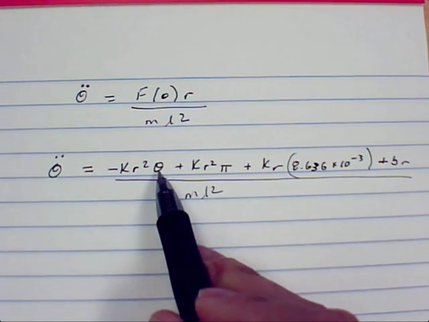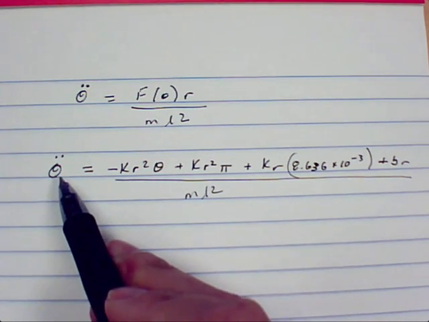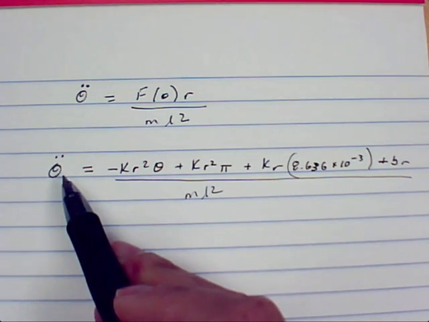So if you know the position, you substitute in all the values and you know the angular acceleration at one instant in time.